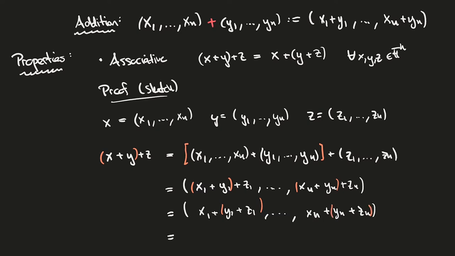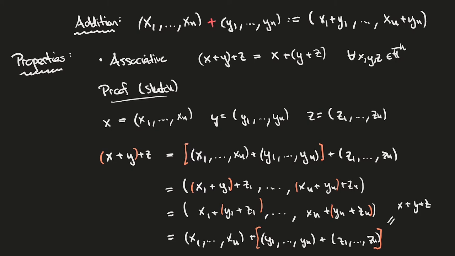And now finally, we can undo the addition in order to get three ordered lists again. However, now we have that y and z are bracketed together, and this down here is simply x plus y plus z, but now bracketed in the other possible way.